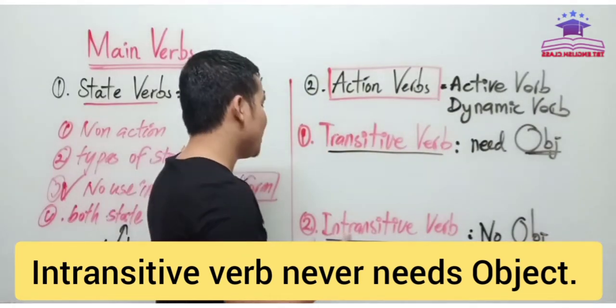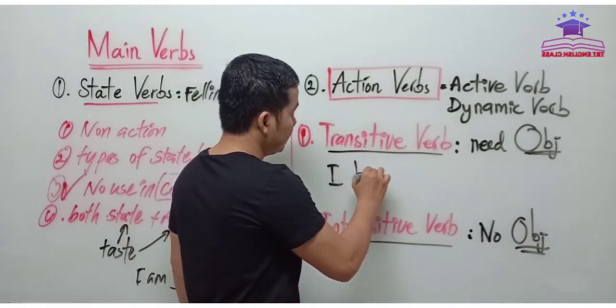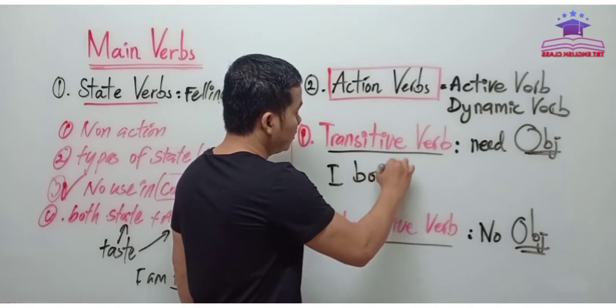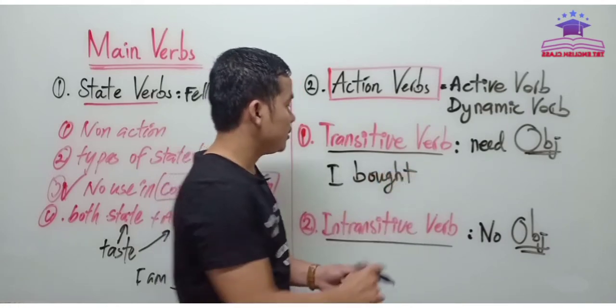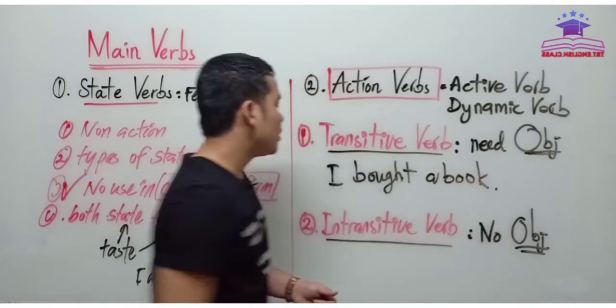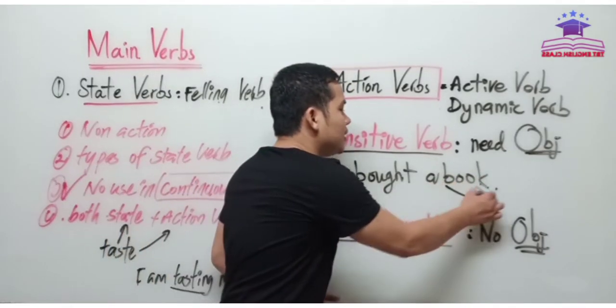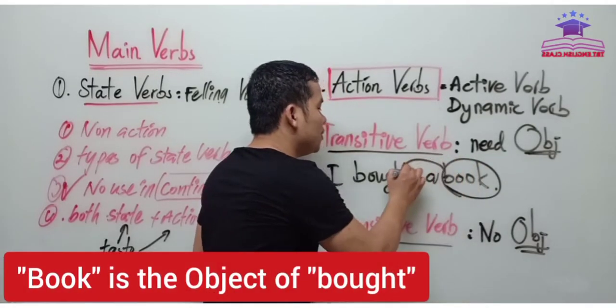Let us see an example again. I bought a book. You see, I bought a book. So a book is the object. You see the word book is the object of the verb bought.